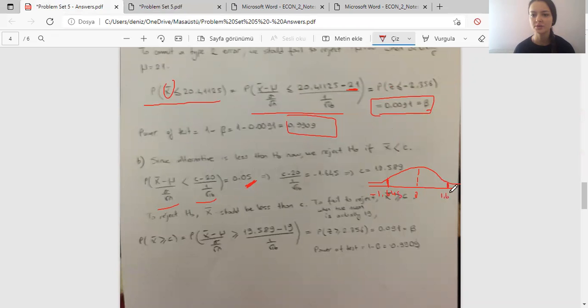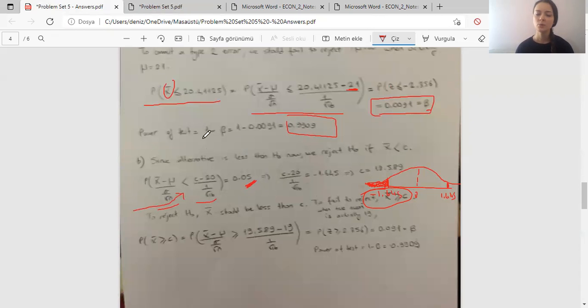This is 1.645. So the probability of X bar is less than minus 1.645 is 0.05. Okay. We have found this thing in the first part in here.